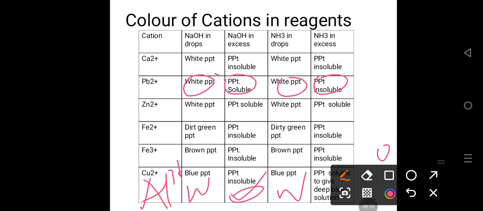And so your assignment will be: how can we differentiate between aluminium and lead ion? Both of them are soluble in sodium hydroxide, but insoluble in aqueous ammonia. How then can we differentiate them? This assignment, present it in the comment area.